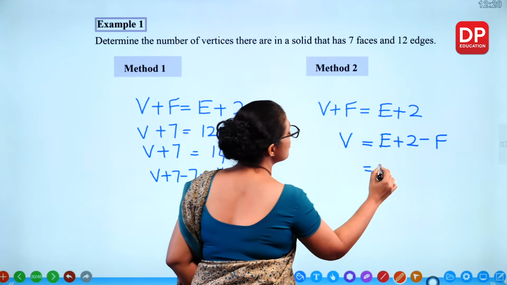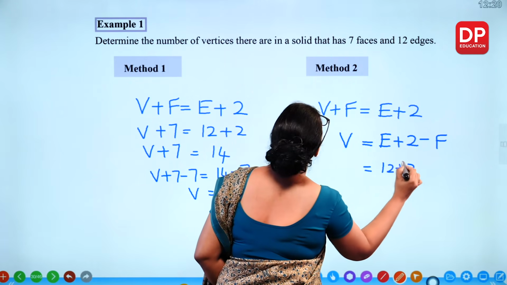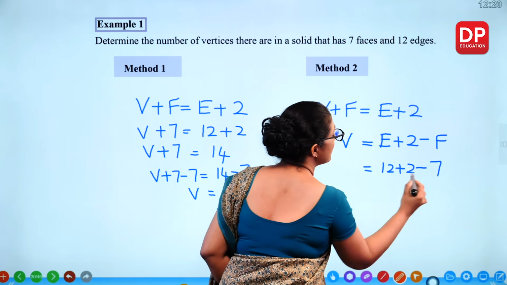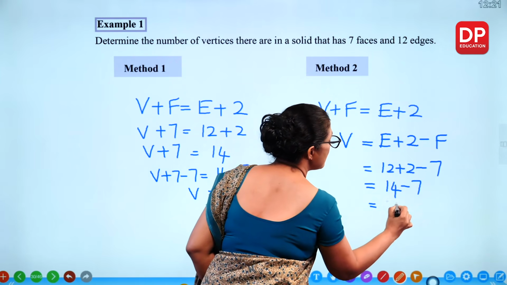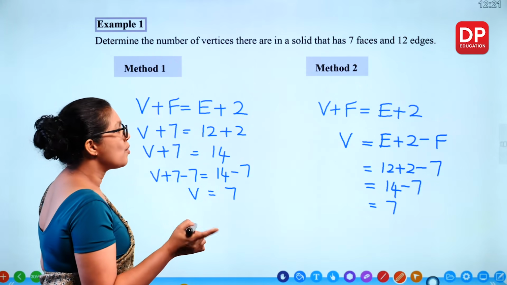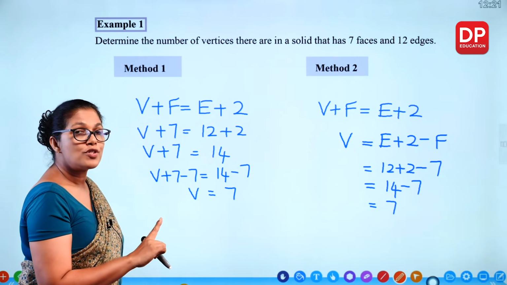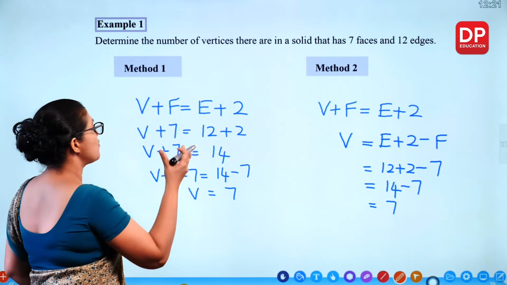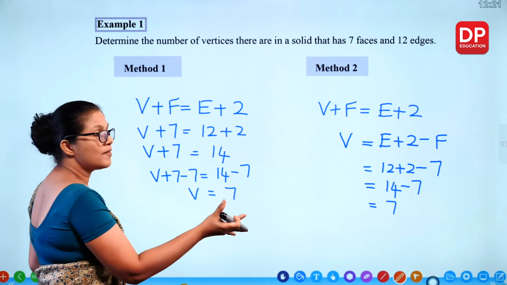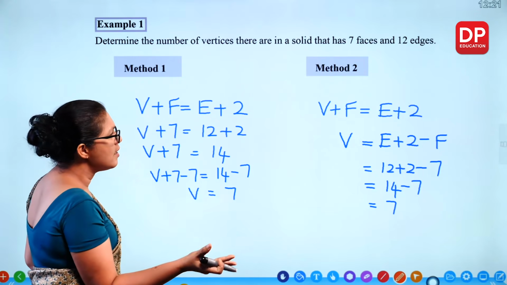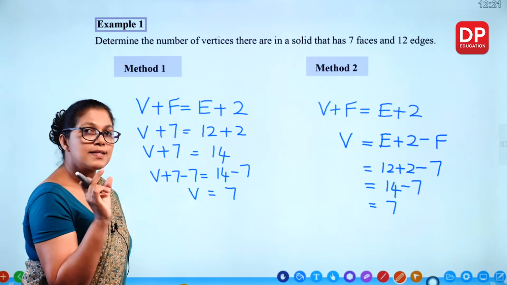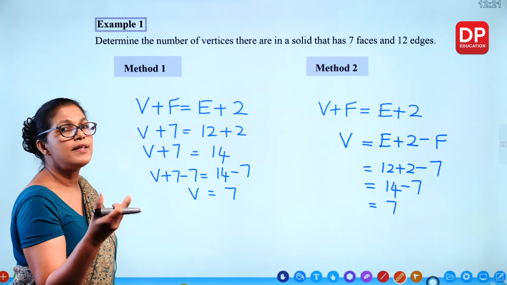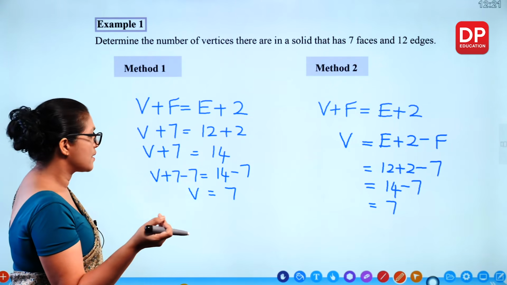E equals 12, F is 7. 12 plus 2, 14, 14 minus 7, you get 7. So when you are substituting values, either you can substitute to the formula and then solve the simple linear equation, or you can make that variable as a subject of the formula and then substitute the values.